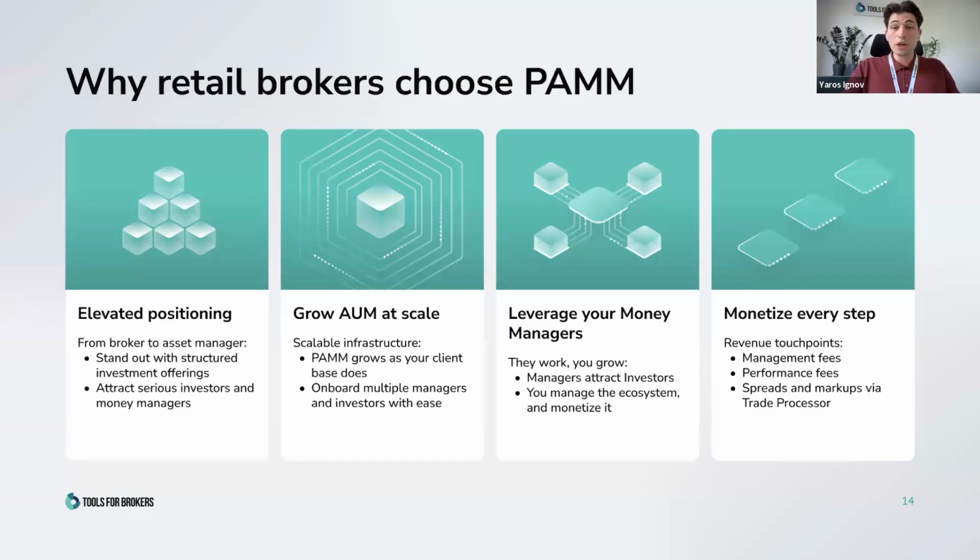In TFB PAMM, we have 5 different types of fees, and if you are using it with our trade processor, you can also expand your revenue growth with one of the mechanisms inside, like applying markups, commissions, and all the others included. So whether you want to monetize trades or performance, PAMM gives you a flexible and scalable way to do it. And isn't it great to have all these features inside the TFB PAMM system?